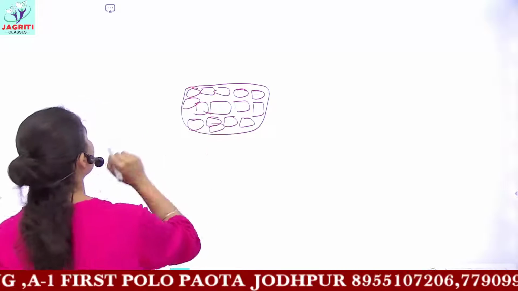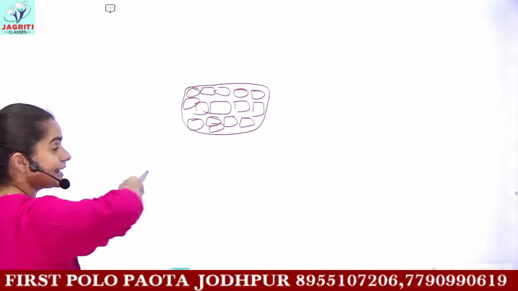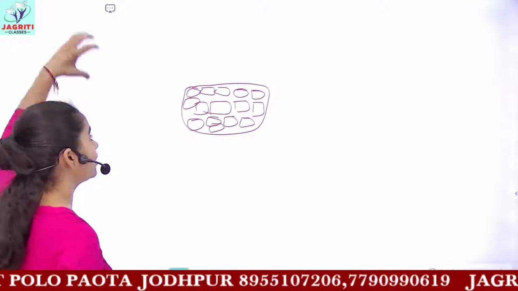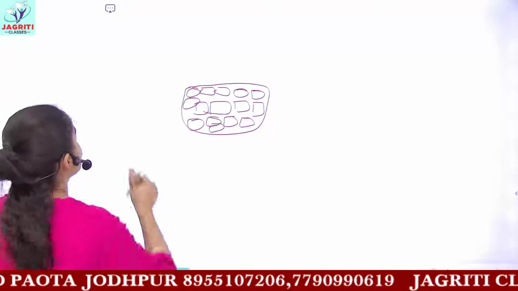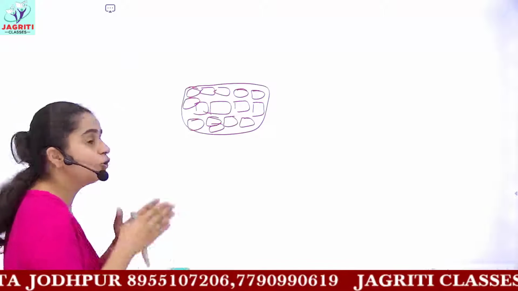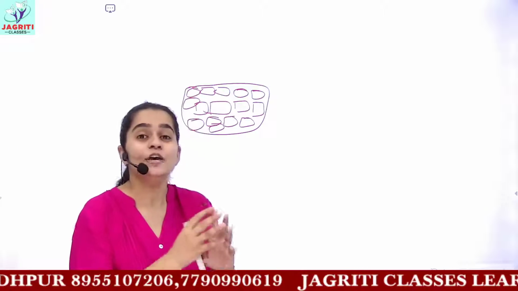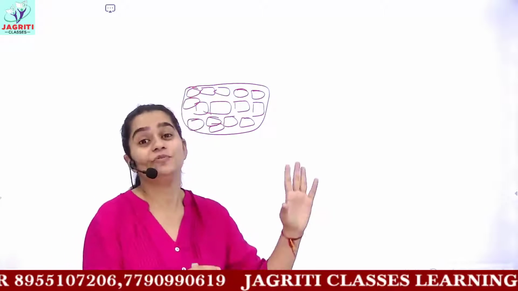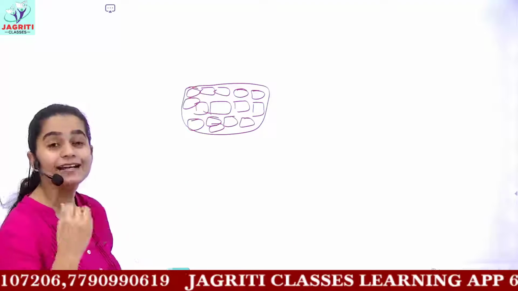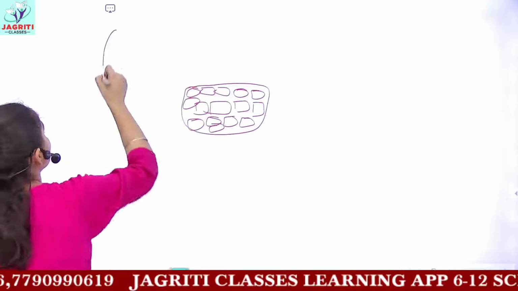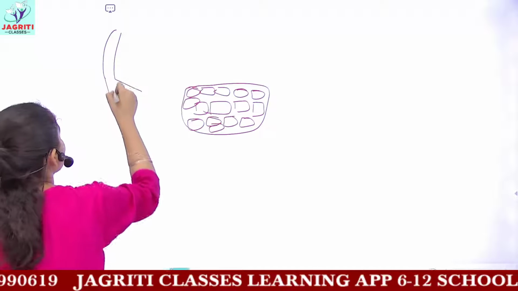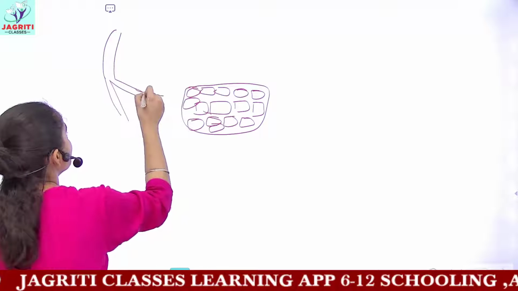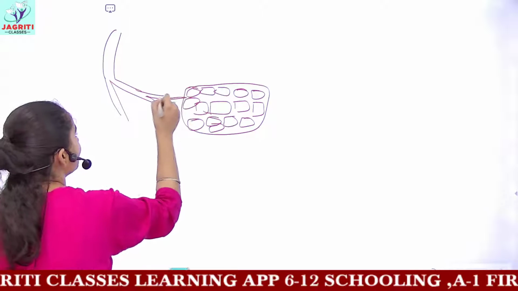Now what you have next, we said that arteries carry oxygenated blood away from the heart to the organs. And these arteries divide into smaller and smaller blood vessels which are known as arterioles and capillaries. So this is the artery. Then this artery further divides into smaller and smaller capillaries.